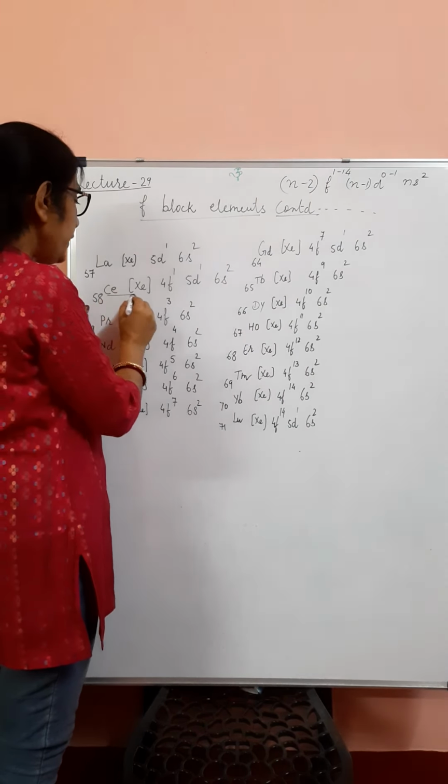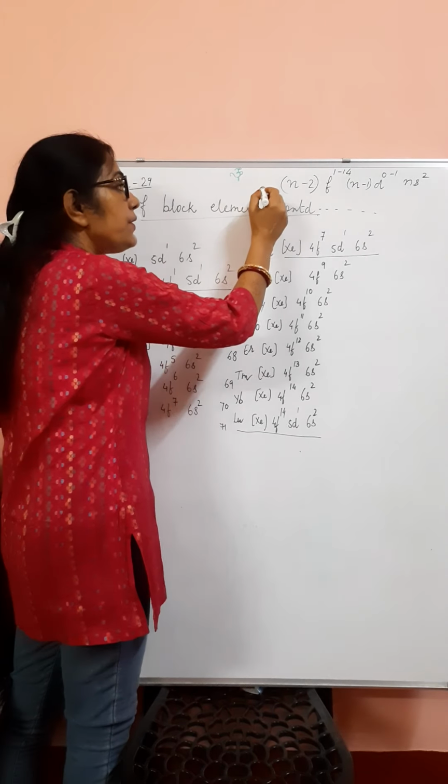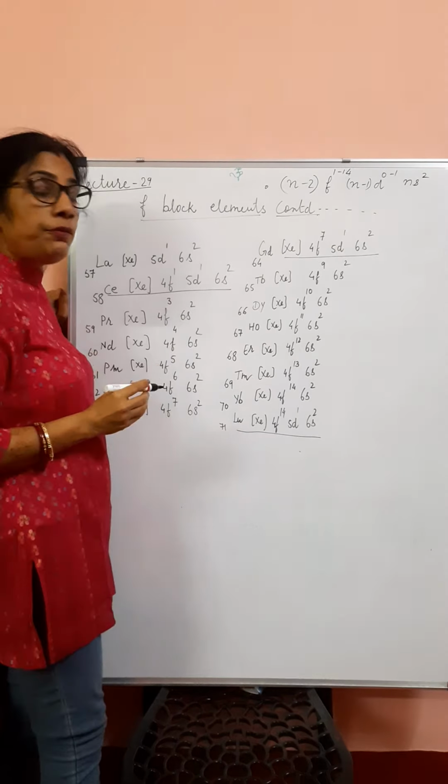The rest of the 11 elements have d0 configuration, my dear children. So only 3 elements amongst the 14 elements of the lanthanoid series have d1 configuration. The rest 11 elements have d0 configuration. So this is their general electronic configuration.